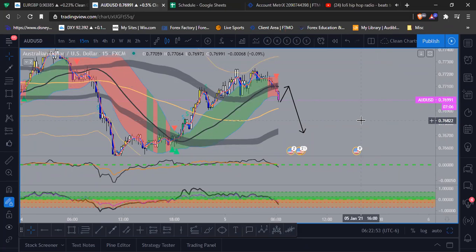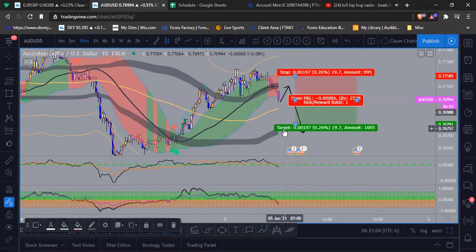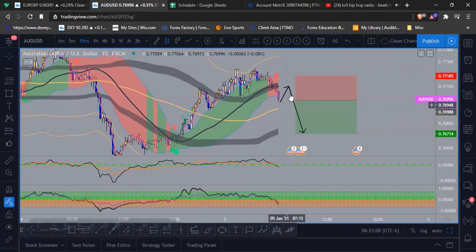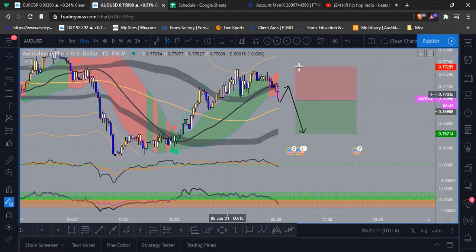But if you aren't in this trade, I would personally say you can get in right now and then put your stop loss looking like this. Again, you're getting this from the 61.8 entry, so it's not terrible. You could make your trade like this. It's a 1 to 1, like this.